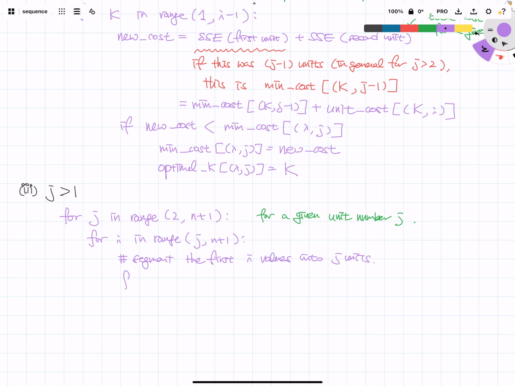And for this, we can investigate all possible k from j minus 1, as we discussed above.